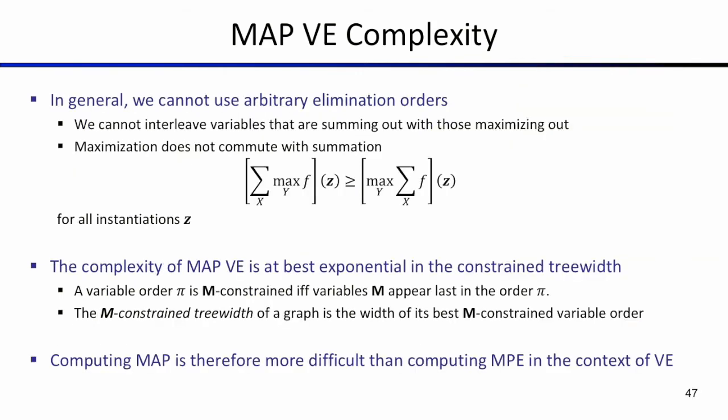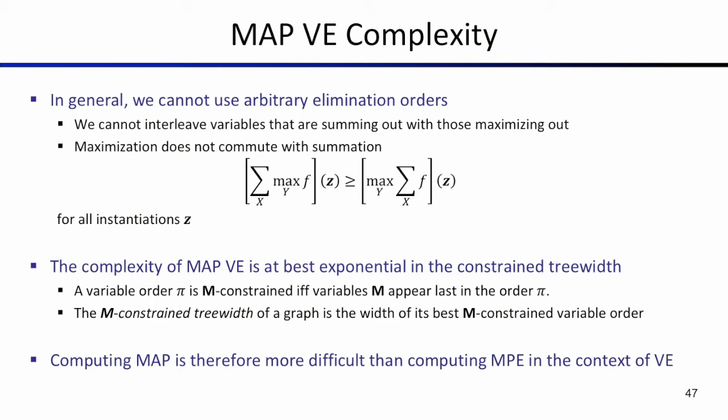So it should be clear now, but to just emphasize this result, that's very important. The problem with the MAP inference is the fact that we cannot choose an arbitrary elimination order. We cannot interleave variables that we are summing out with the variables that we are maximizing out. The problem comes from the fact that we cannot commute maximization and summation. So we cannot change the order and do the operations in the order that we want.